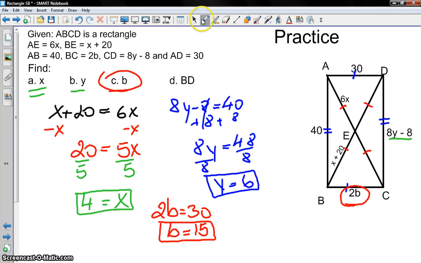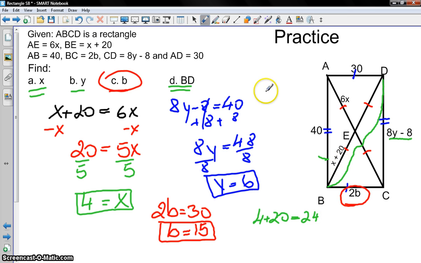Now the last question is that I need to figure out what BD is. Well, BD is the entire diagonal. I already know x for sure, so all I have to do is plug it in and double it. So let's do that. x is 4, so I'm going to go 4 plus 20 equals 24.